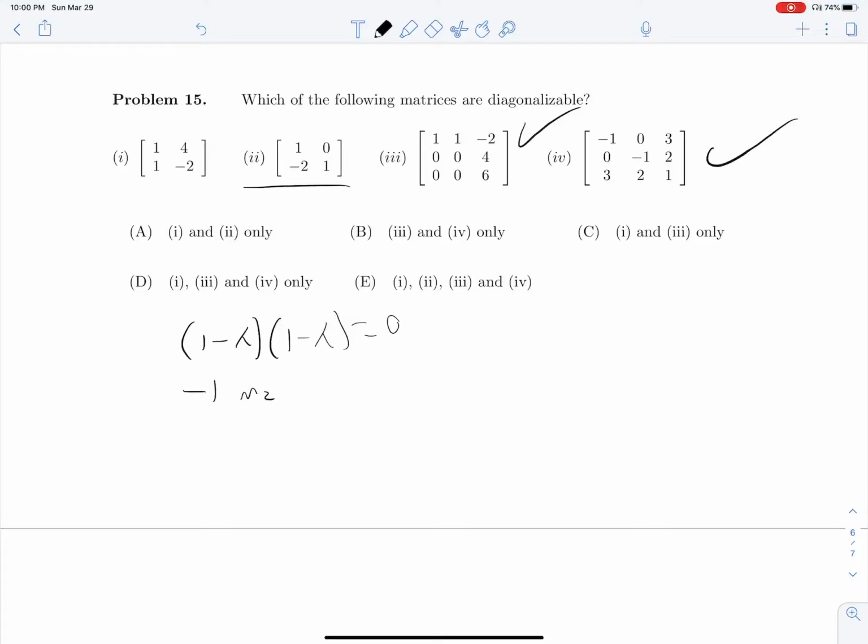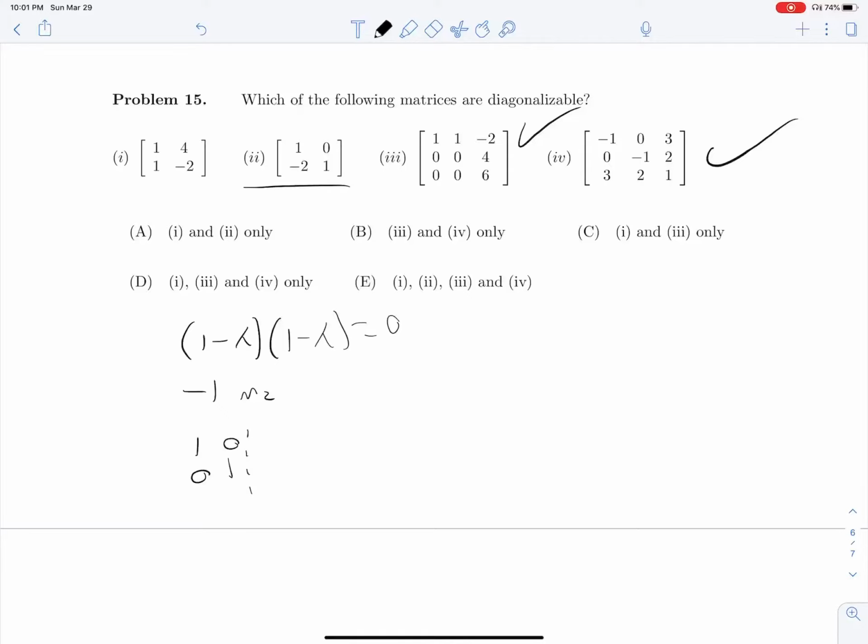If we apply lambda equals -1, we are going to get 2, 0, -2, 2, and we can solve this and see that the solutions that we get are not two-dimensional.